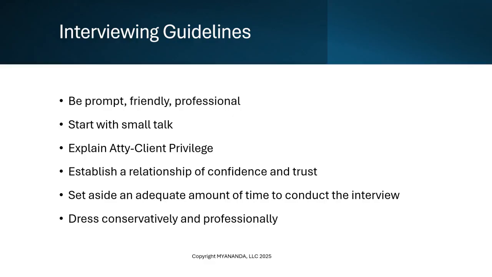Tell them that because of this confidentiality, there's also an attorney-client privilege that avoids exposure of the information they're divulging in the interview to the court system, in terms of having to testify against their own client. Let them know that they're protected. This helps to open their mouth and get the information you need. Establish a relationship of confidence and trust.